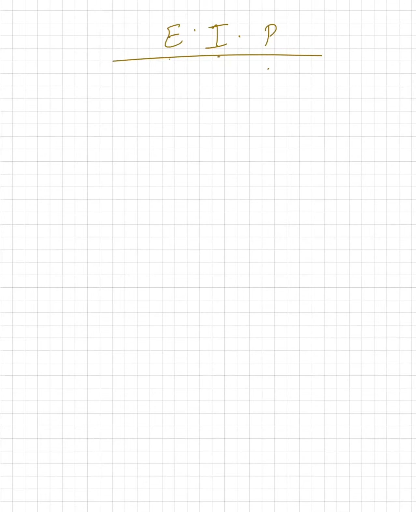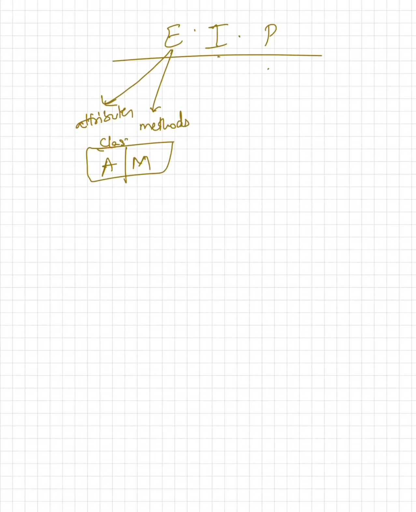So encapsulation is basically about attributes and methods. These are encapsulated inside the objects because the class is defined like that.